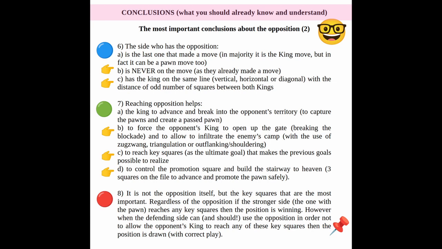Regardless of the opposition, if the stronger side, the one with the pawn, reaches any key squares, then the position is winning. However, when the defending side can and should use the opposition in order not to allow the opponent's king to reach any of these key squares, then the position is drawn, of course with correct play.